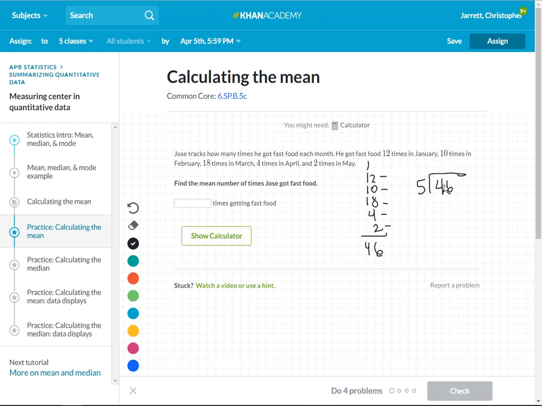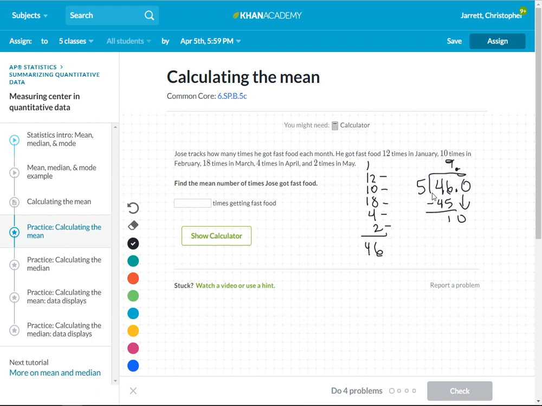So 46 divided into 5 months. So 5 doesn't go into 4, but it will go into 46. That would be 9 times to be 45. 9 times 5 is 45. A difference of 1. So this would be 9. Let's add a decimal, 0, bring down a 0. That becomes a 10.